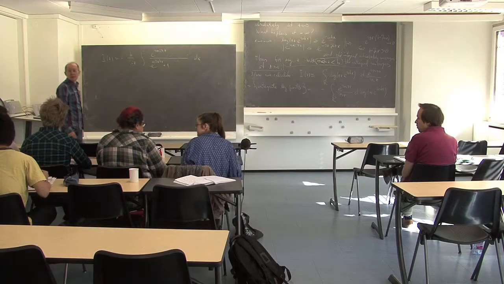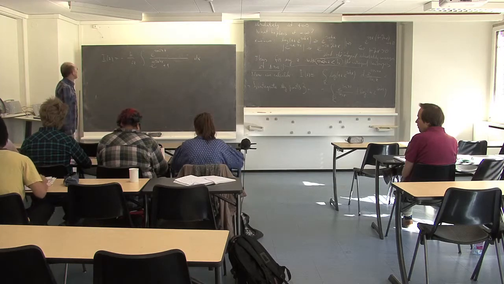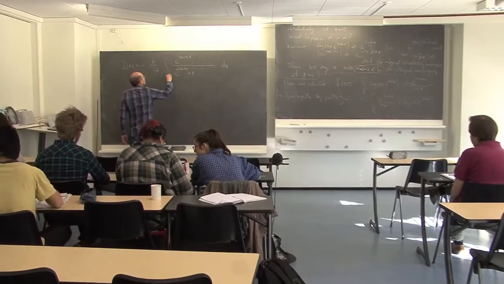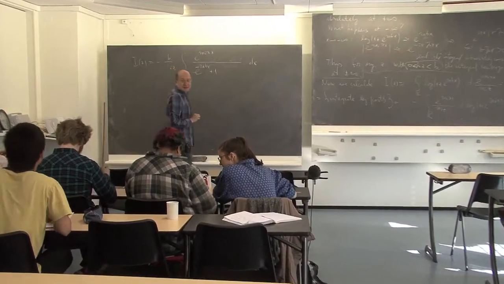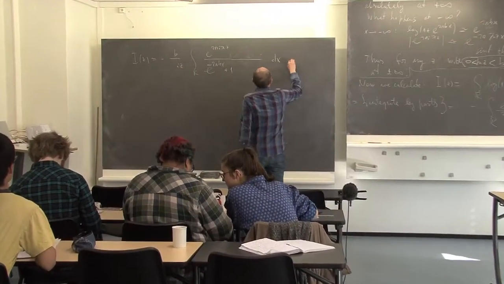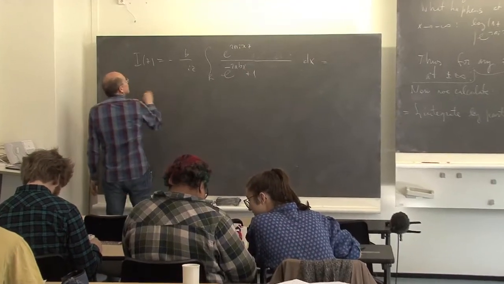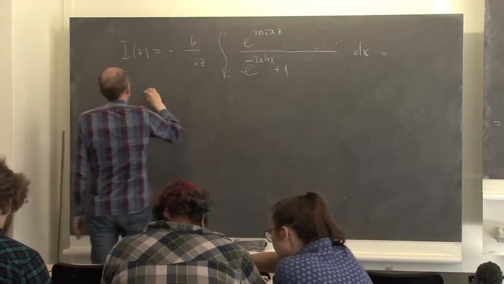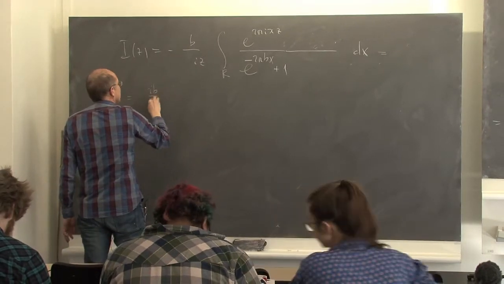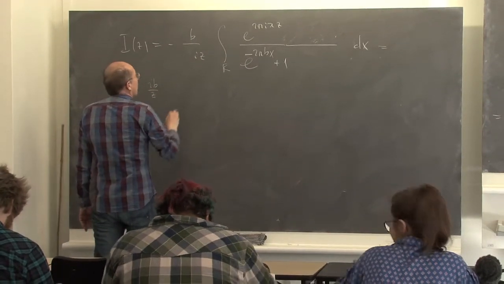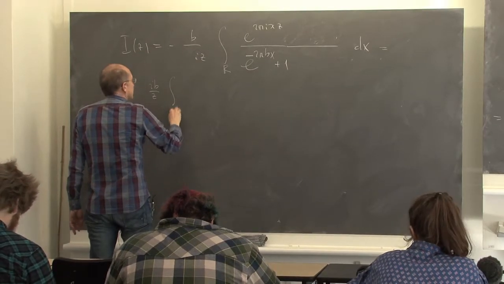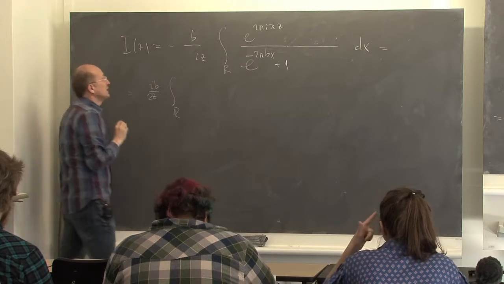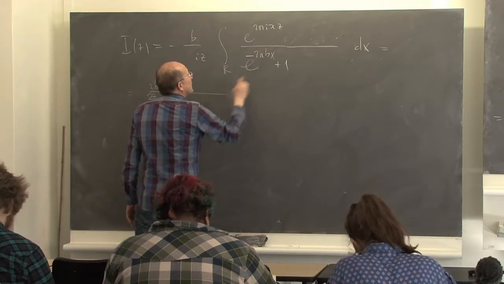Okay, so let's continue. One-dimensional integral. So let us make it symmetric downstairs. I can remove this minus by moving i 2 pi upwards, i b over z. And I put 2 here, and you will understand very soon why.